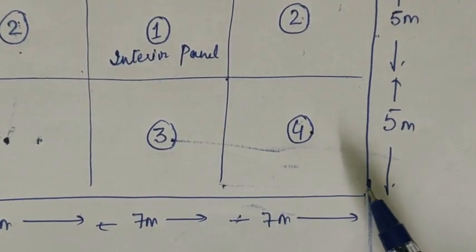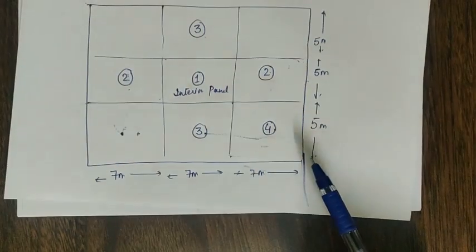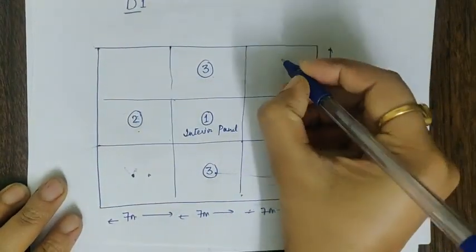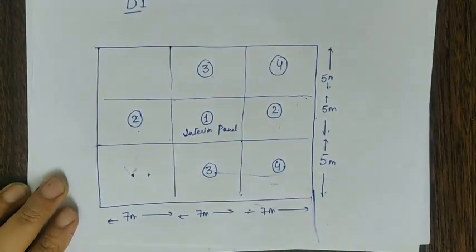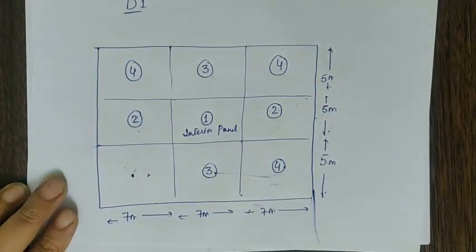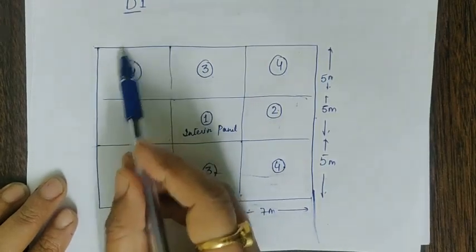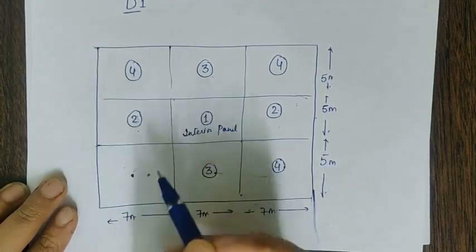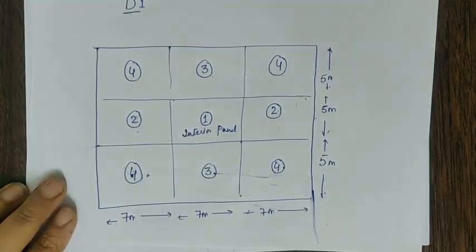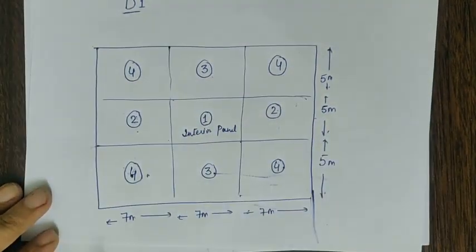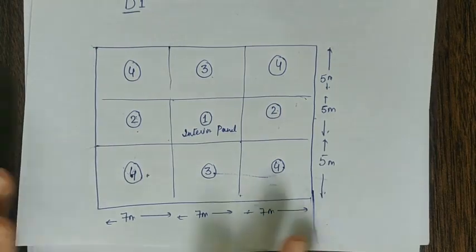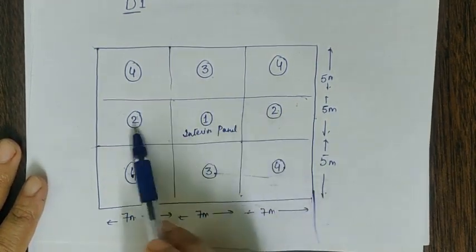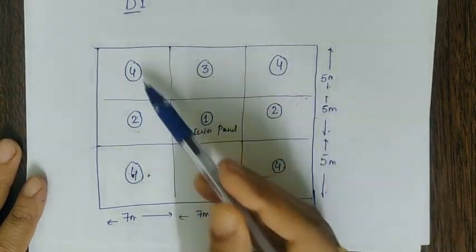So it is definitely case number 4. Any other slab that is the same case? Yes, this slab is the same case. Even this slab is the same case. Continuous on 2 sides, discontinuous on the 2 sides, and these 2 discontinuous edges are adjacent. Then this is also case number 4. So out of the 9 slabs, we can categorize these slabs into 4 categories: case number 1, case number 2, case number 3, case number 4.